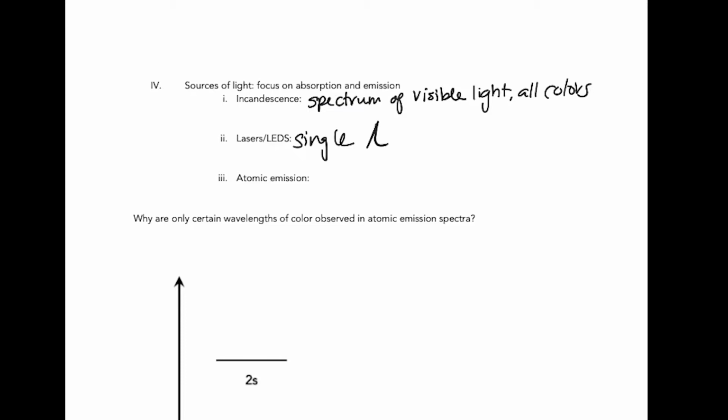Red laser pointers typically release light with a wavelength of around 650 nanometers. In this case, there's only a single wavelength released, and what you see is what you get. And if you used a spectroscope to look at these sources, you would see a single line corresponding to the single wavelength of light that is emitted from the laser pointer.